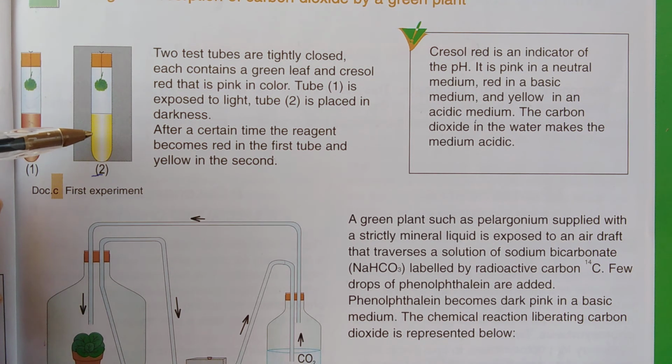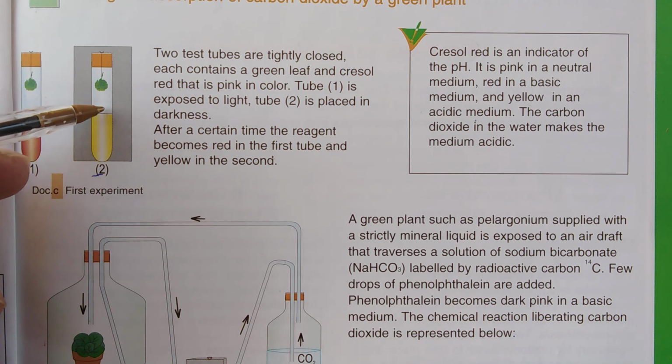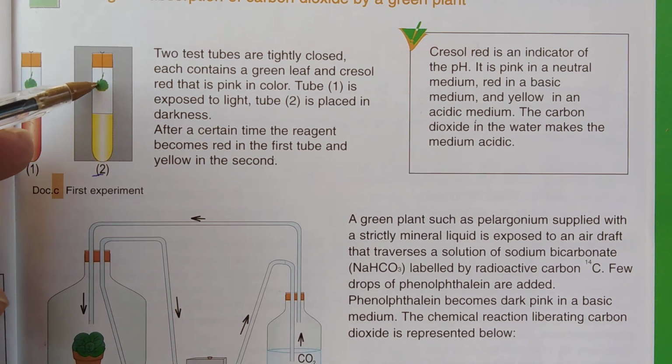We can see that a yellow color is obtained by the cresol red, indicating that an acid is being produced by the carbon dioxide released by the green leaf, and consequently it indicates that the green leaf is producing carbon dioxide, proving that green plants also respire just like us.